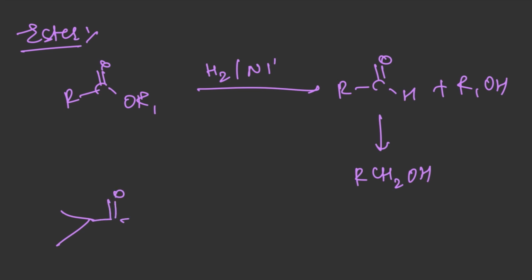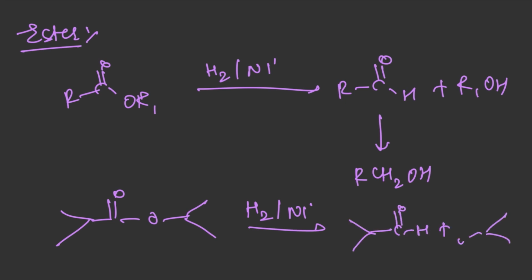Let's say we have this compound, H2 with nickel, it will form this aldehyde and 1 alcohol. Just add hydrogen on both sides: give hydrogen to this bond, and hydrogen and hydrogen to the other, each separately.